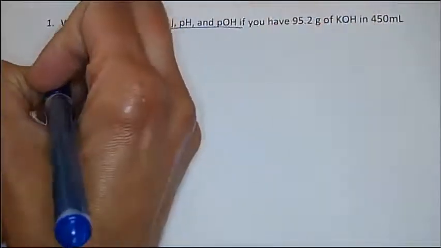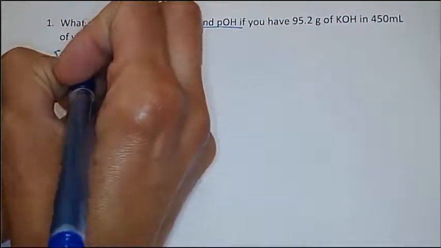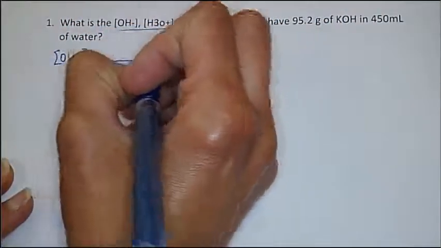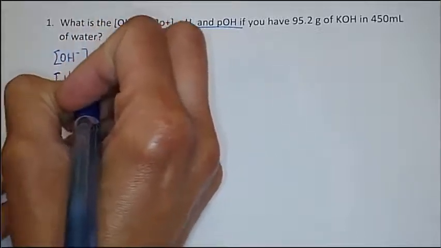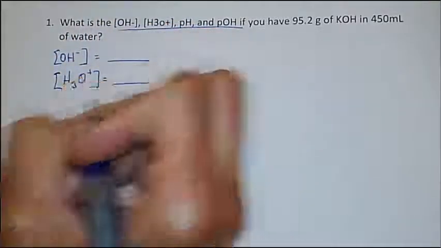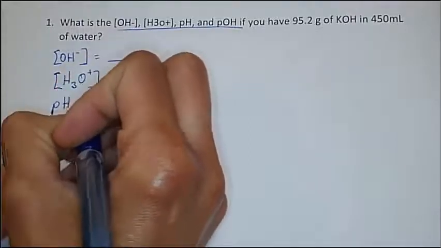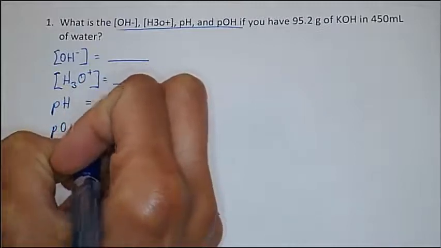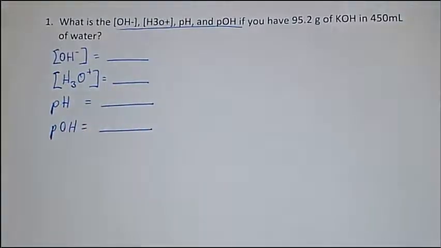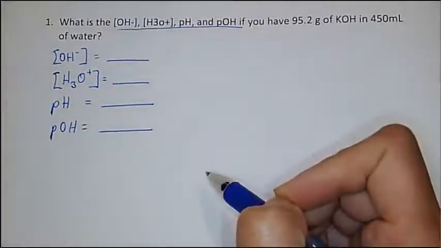I'm going to write here OH, whatever that value comes out to be. I'm solving for hydronium ion concentration, whatever it comes out to be, the pH of my solution, and the pOH of my solution or substance that I have. Okay, so that's really what I'm trying to solve for.